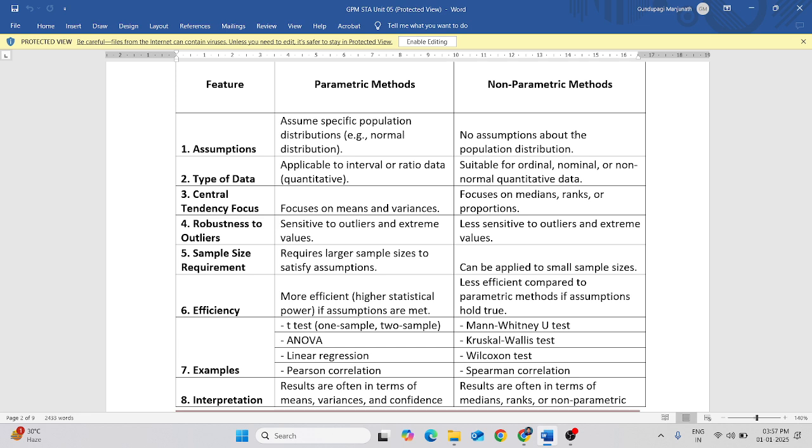And when it comes to outliers, parametric tests are sensitive to outliers and extreme values, and non-parametric tests are much less sensitive to outliers and extreme values.